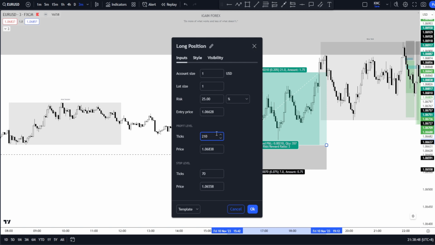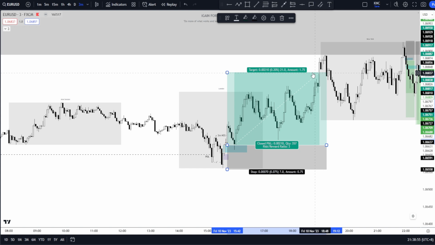Actually, I took partial at 1:2 and then left a runner for this final take profit area, since 7 pips is a high risk for me. So I was limiting my SL from 3 to 5 if I'm targeting a 1:3 risk reward ratio. If above 5 pips, I'm targeting a 1:2 risk reward ratio.